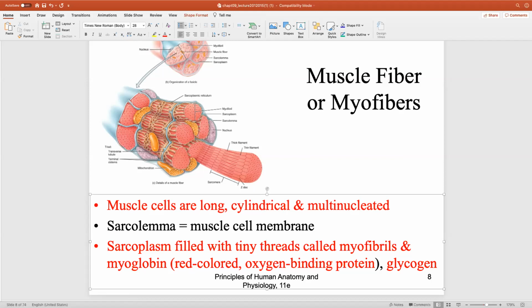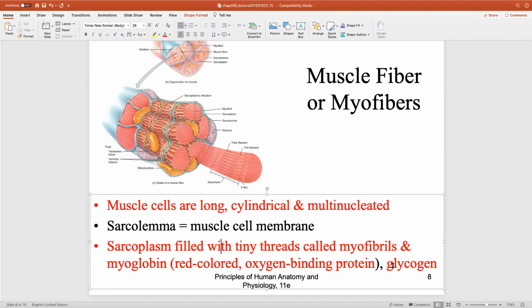What else do we see? Not only do we have myoglobin, and therefore can store oxygen inside the skeletal muscle cell, but we can also store glucose, because all skeletal muscle cells contain glycogen. Glycogen is how we store glucose. It is glucose bonded to each other, making long chains of pure glucose.